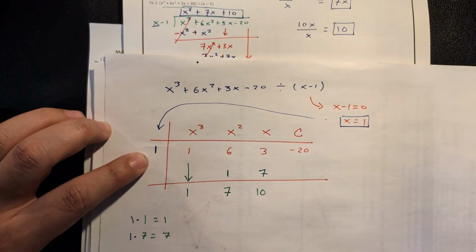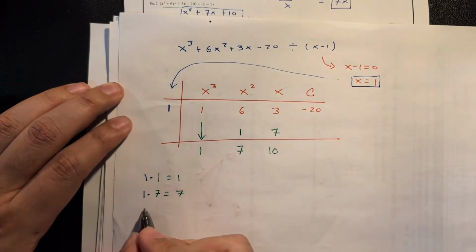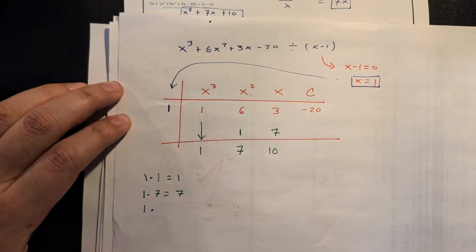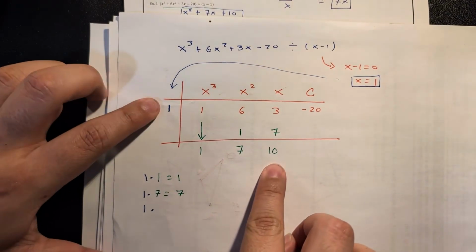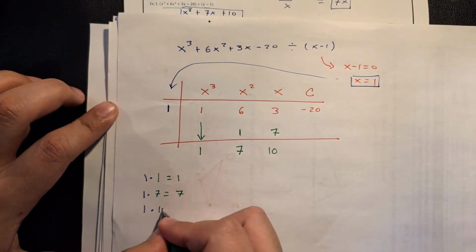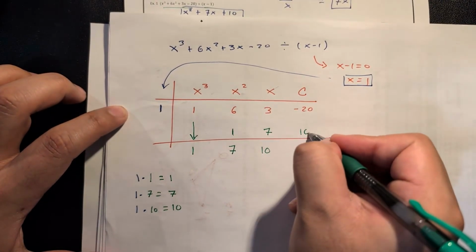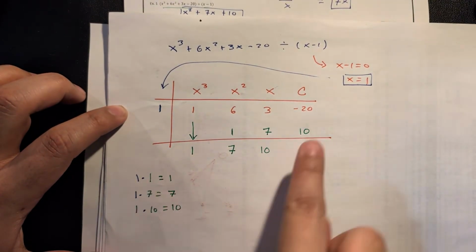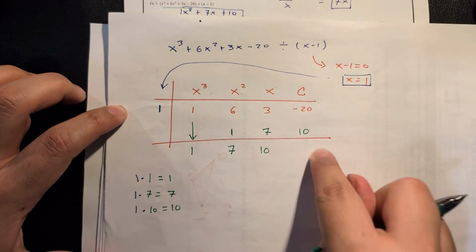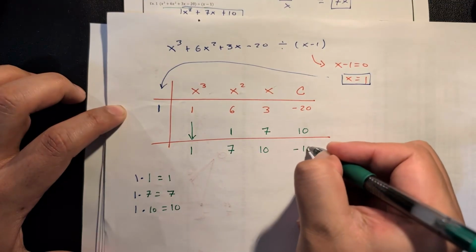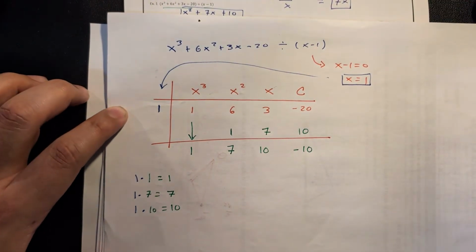And we do the exact same thing. 1 times 10 gives us 10. So we add 10 here. And then negative 20 plus 10 gives us negative 10.